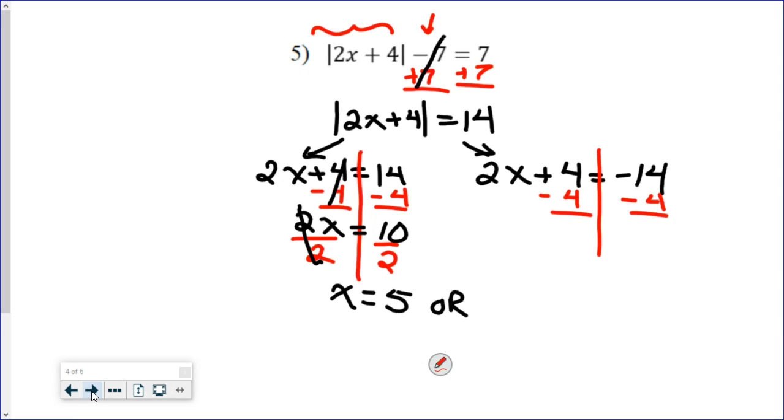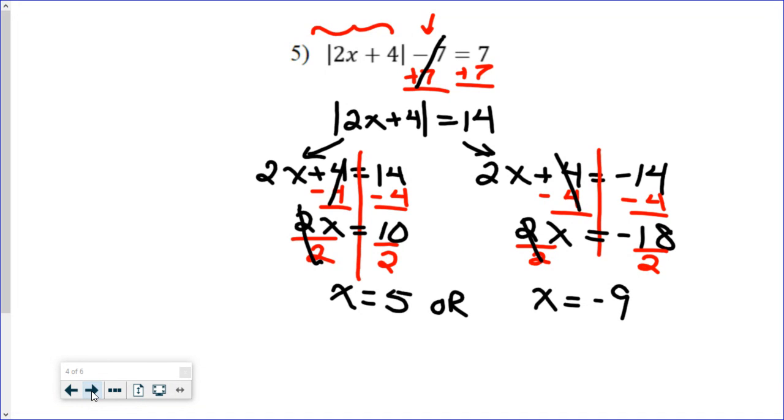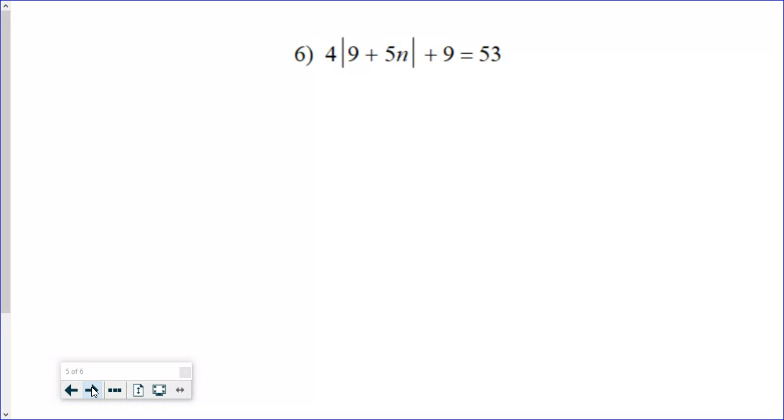Be careful with those negatives. I get 2x equals -18. Be careful. And you're going to show all your work so you get the two pretty nice answers of 5 or -9. Okay, again, I need to see all of this work.